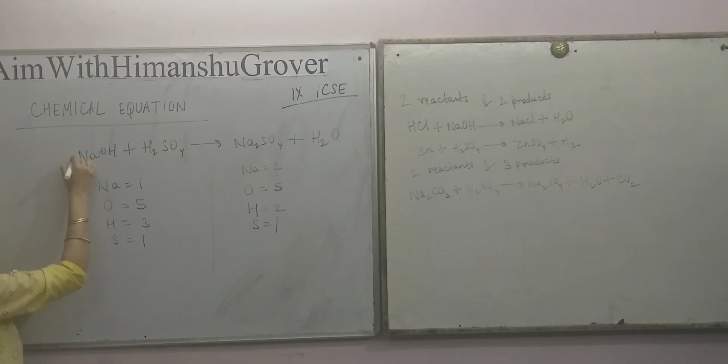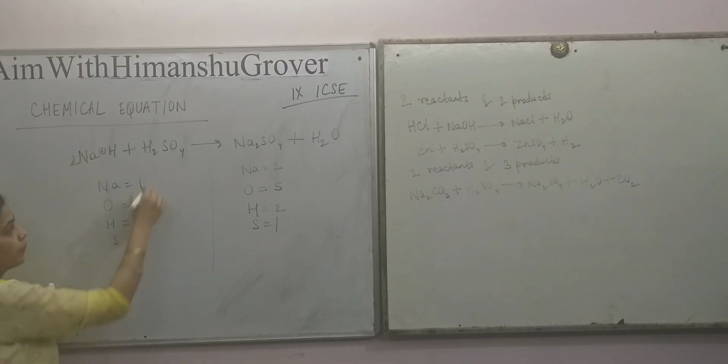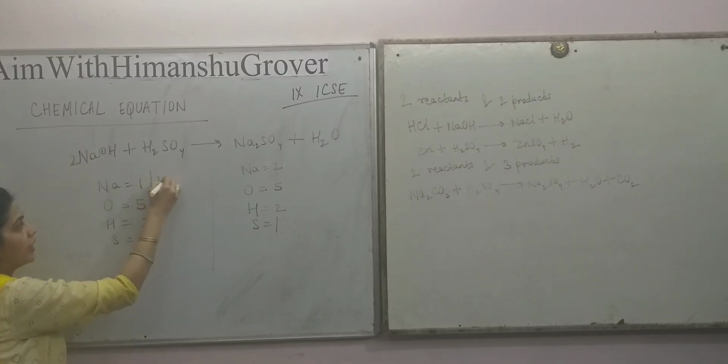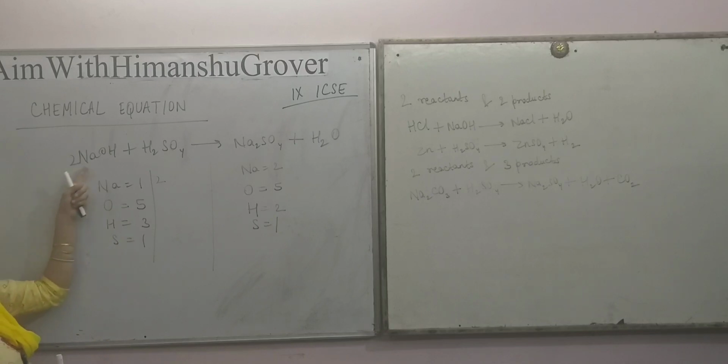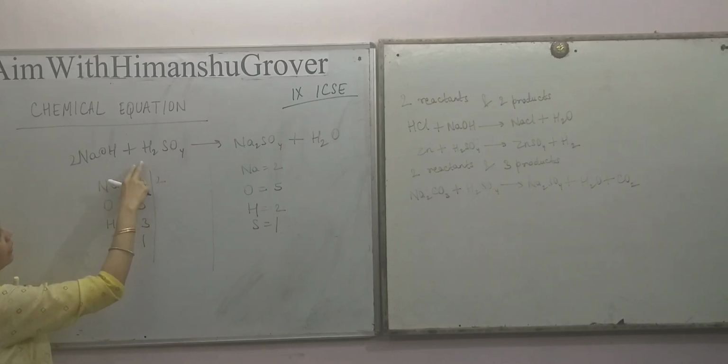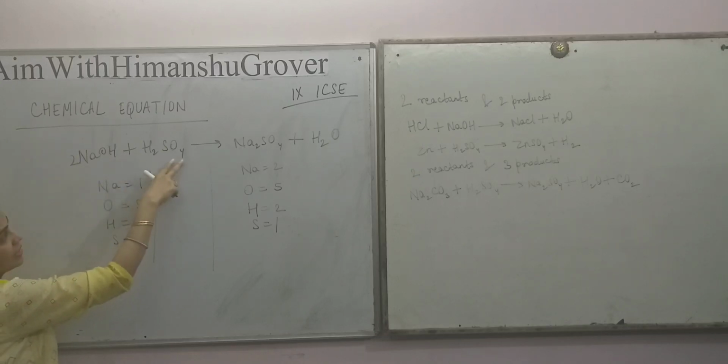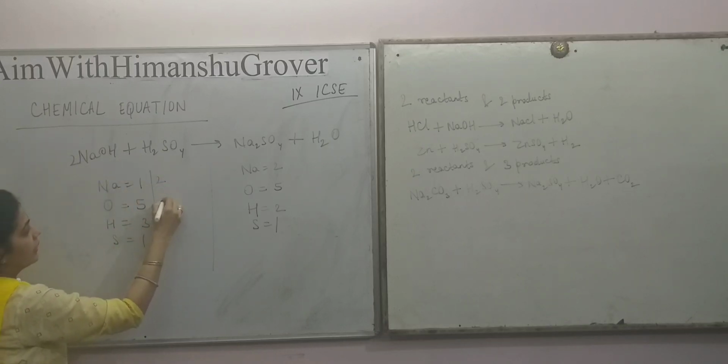So we write 2 before NaOH. Now the sodium becomes 2, but oxygen now becomes 2 plus 4, that is 6.